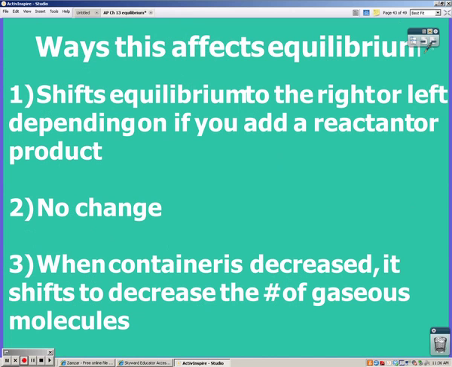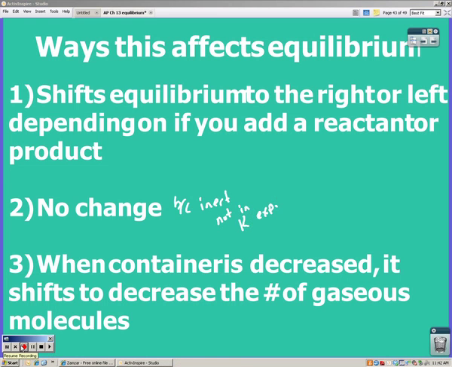If I add or remove a gaseous reactant or product, then it's going to shift equilibrium to either the right or left, depending on if I added a reactant or product. If I add an inert gas, then there's going to be no change, because inert means that it's not in the equilibrium expression. And finally, if I change the volume of the container, I need to think what happened to the pressure.